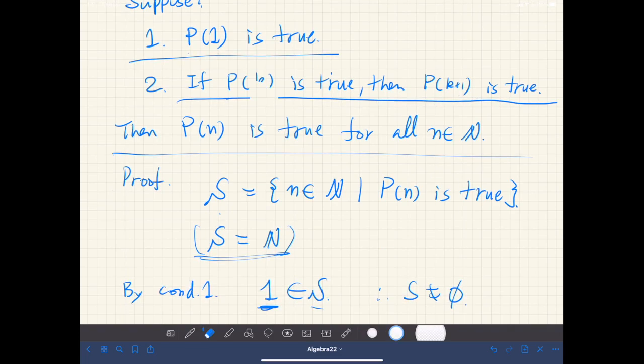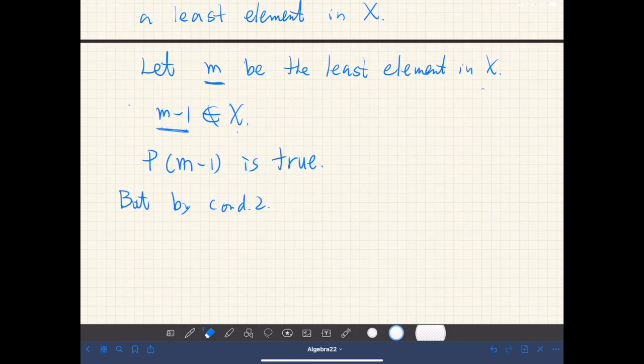So now this k is M minus 1. So we have this true proposition, P of M must be true.